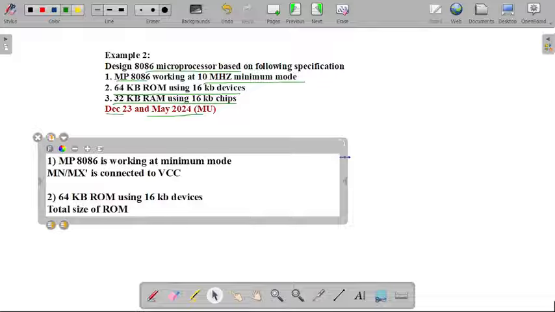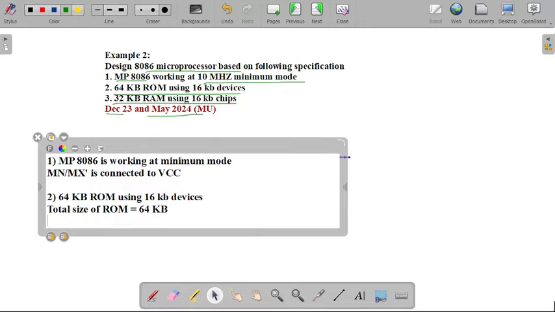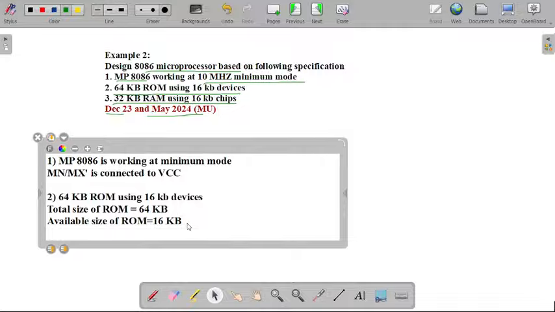The total size of ROM is 64 KB, and the available size of ROM is 16 KB. So we have noted down the size, the total size is 64 KB, and the available size is equal to 16 KB.